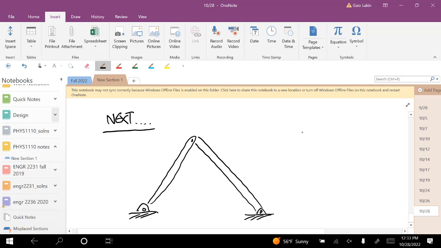Each one of these has a mass of 50 kilograms. Let's say this is an equilateral triangle. So, well, let me just say these angles are the same, and the length is 1 meter.